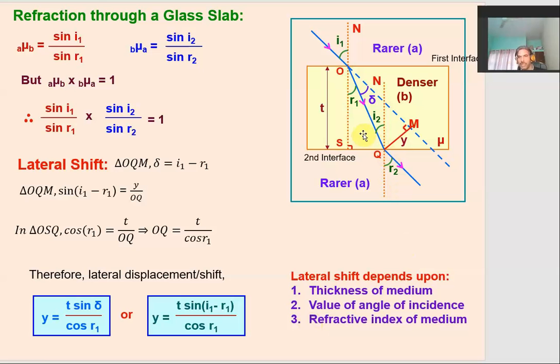I will preferably call it the relative refractive index of the two media, the rarer medium and the denser medium. So these are the three factors on which the lateral displacement or shift of the light ray depends.